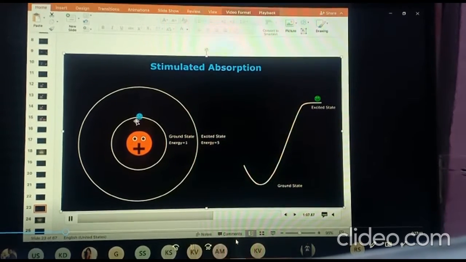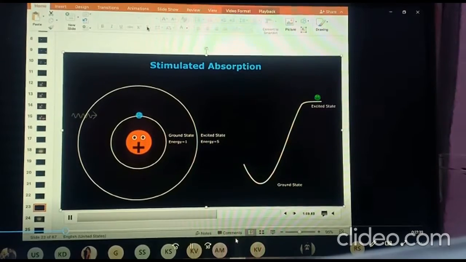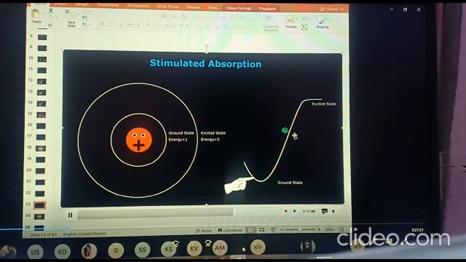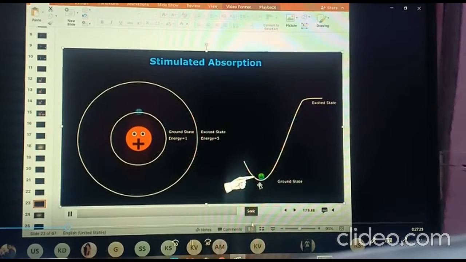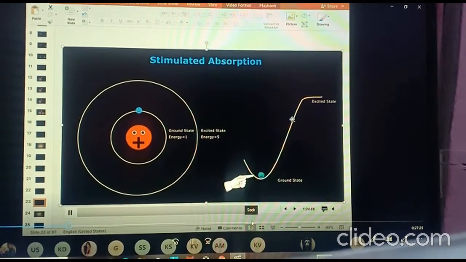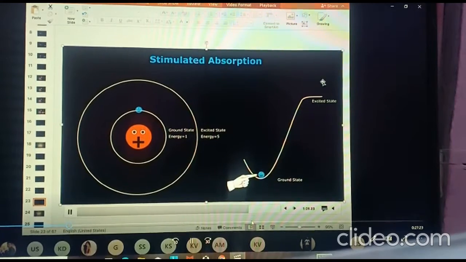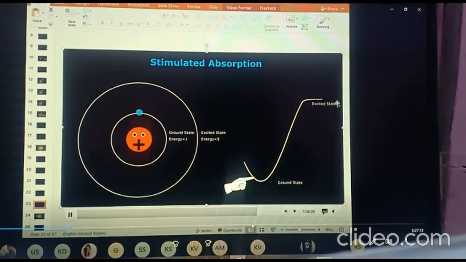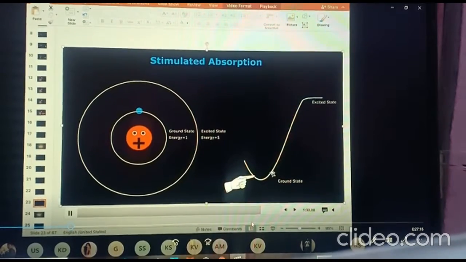Otherwise, it will go out of the system, or if the energy is less, it will come back to the ground state. If the energy given by the photon is not enough, then it will roll back to the ground state again, and if it's too high, then it will go out of the system.